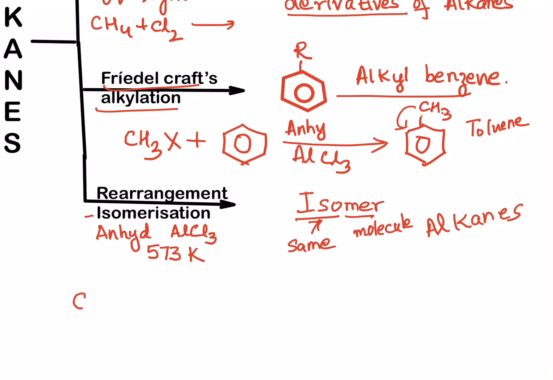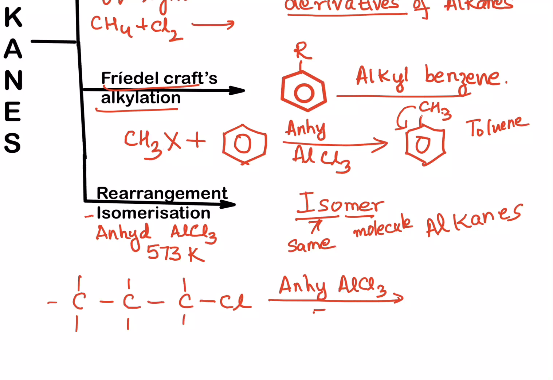So, for example, if I have CH3, CH2, CH2Cl, with the others being hydrogen, on isomerization in the presence of anhydrous AlCl3 at a temperature of around 573 Kelvin, what will happen?